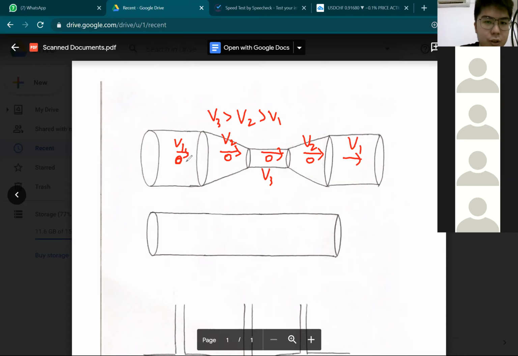Before I talk about why, you have to understand the meaning of volume flow rate. Let me take an example. Let's look at this one, the pipe down here, the second pipe. Imagine this is a water pipe and this is the opening.